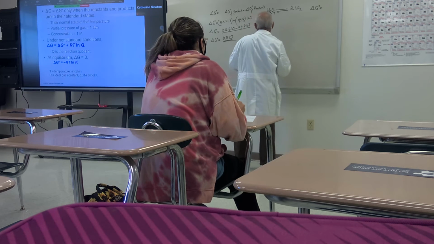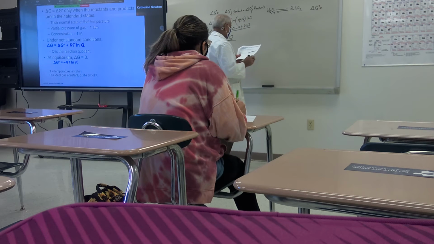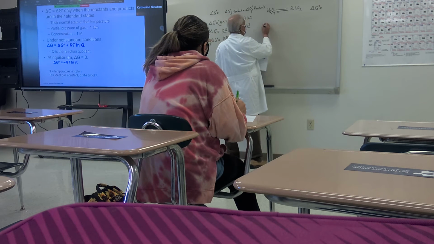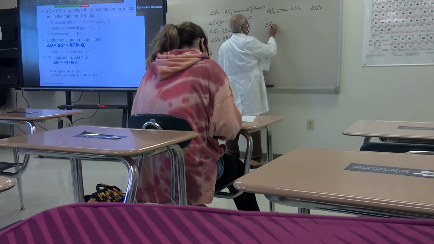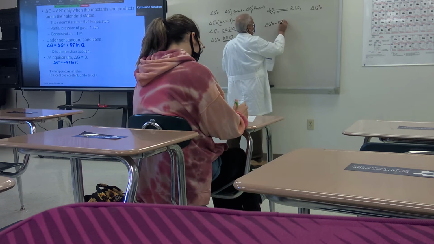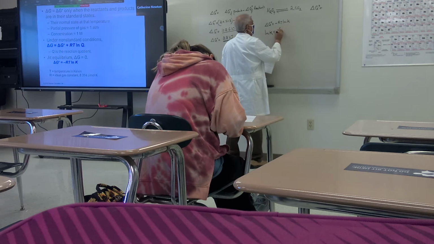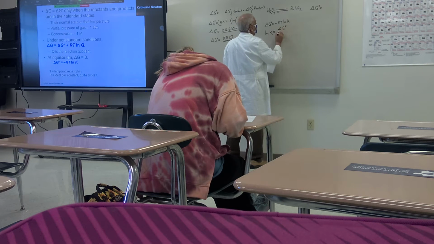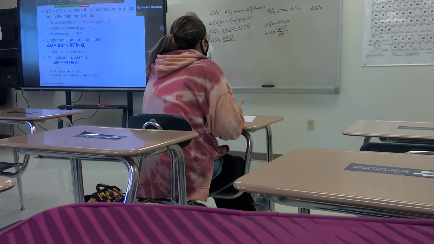So now they want you to calculate the equilibrium constant of this reaction. So what is the equation for the equilibrium constant? Delta G0 equals negative RT ln K, correct? So ln K equals negative delta G0 over RT, agreed? Are you following this?